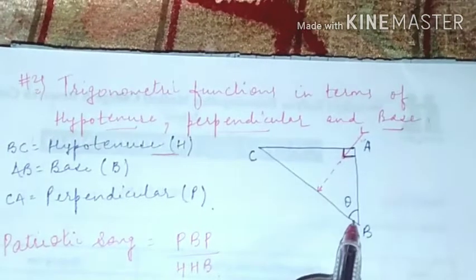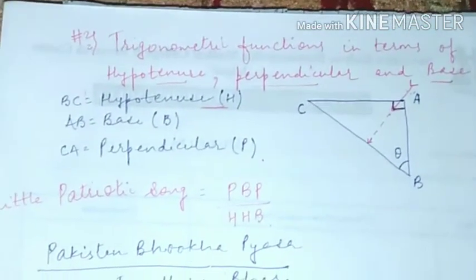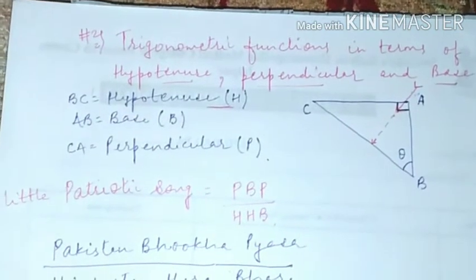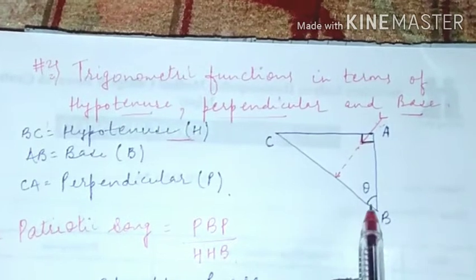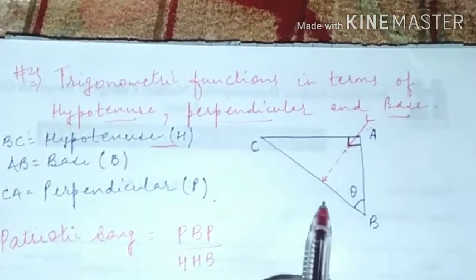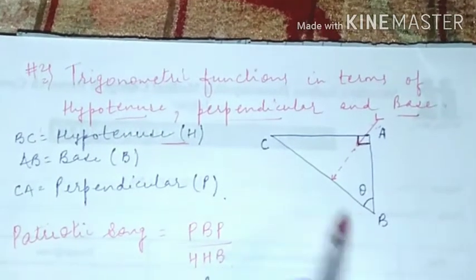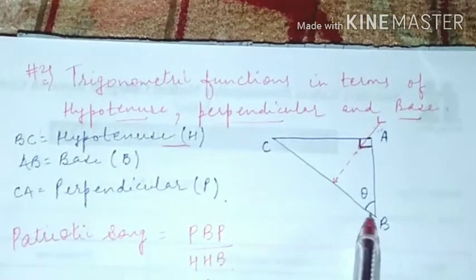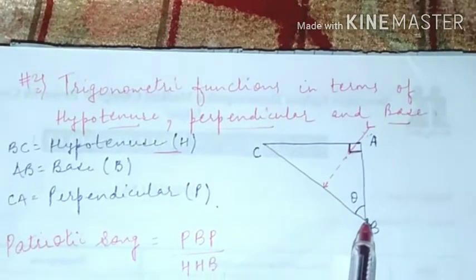Now you will always be given the angle theta in trigonometric problems. So try to make the arc of the angle. You have recognized this one, BC, that is the hypotenuse, and the arc of that angle will be given to you in the problems.